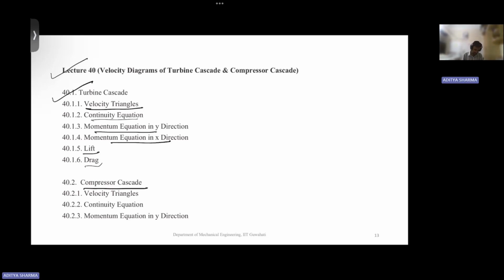Then compressor cascade, I will skip because just the blading is different. Otherwise there are a lot of similarities in these two topics. So I'll just draw the velocity triangles for turbine cascade, and then we'll move on to lecture number 40.